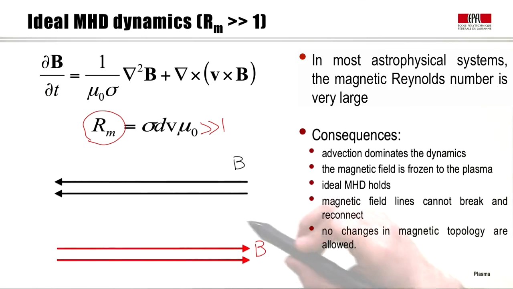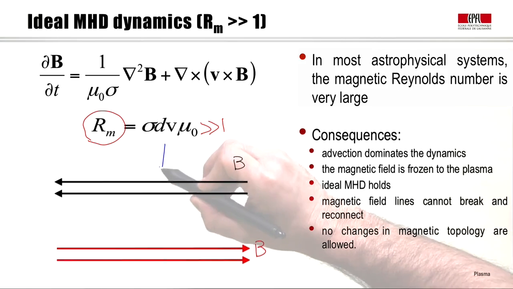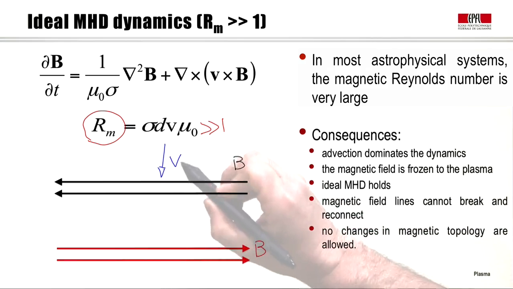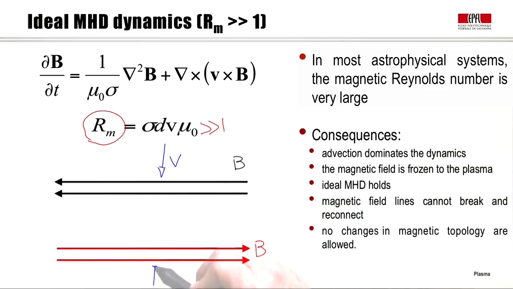Now, we push the magnetic field lines one against the other by inducing a plasma flow with the velocity v. Which are the consequences of a large magnetic Reynolds number? The advection dominates the plasma dynamics. Therefore, the magnetic field lines are frozen to the plasma and the ideal MHD holds.